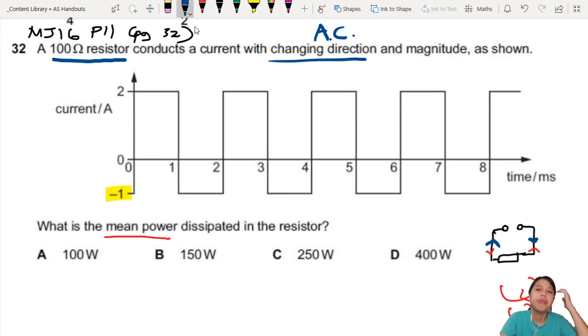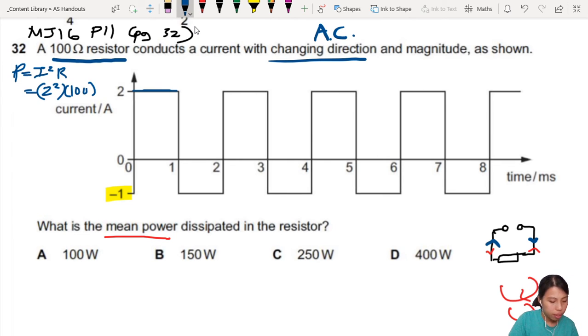When the current is 2 amps here, what is the power dissipated? Well, here we have I, we have R, I squared R. So 2 squared times 100, that is 400. So when it's here, that's 400 watts.